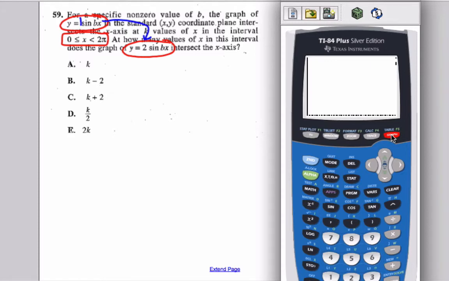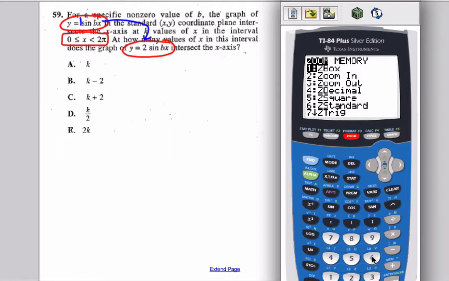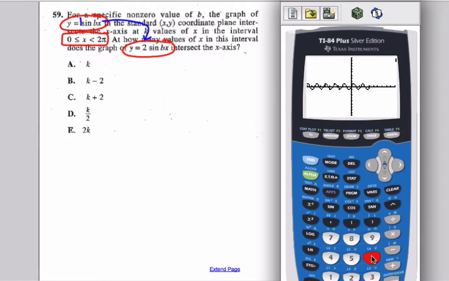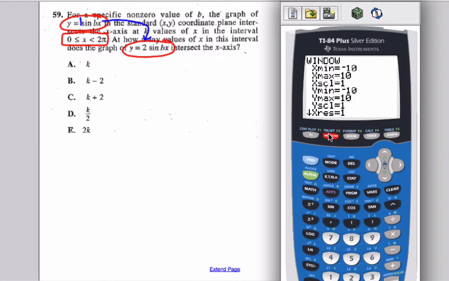Now mine's a little messed up here because I've graphed something else. So I'm going to do zoom, standard, to walk through the graph. Here's the first equation, and there's the second equation. If you're not sure how that looks, it looks kind of weird. So what we'll do is zoom in. I'm going to go to my window, and let's let our x min be 0 and our x max be 4, let's just say.